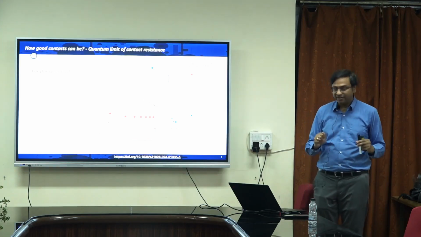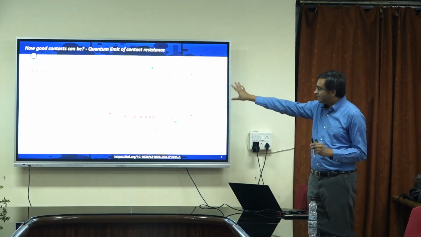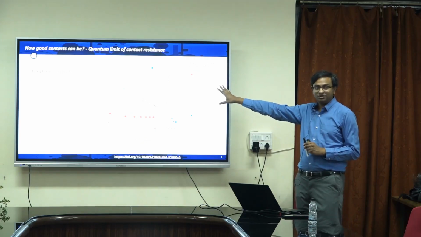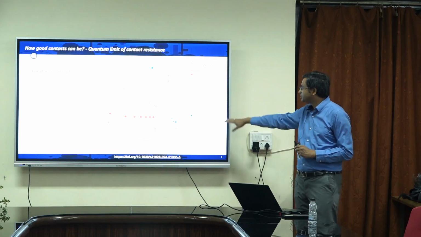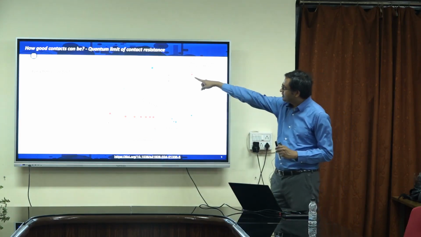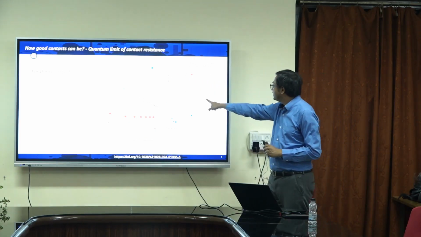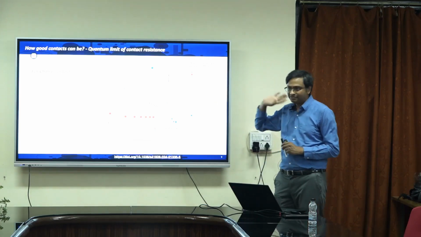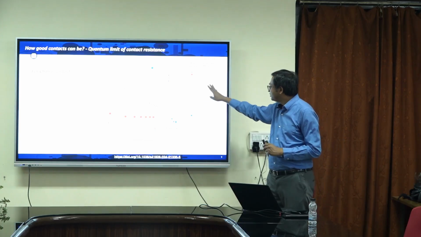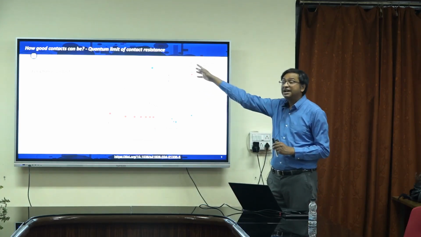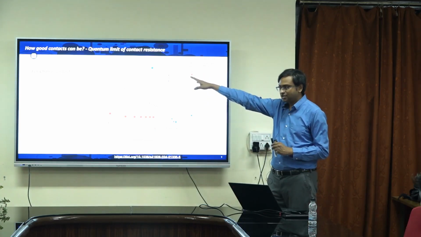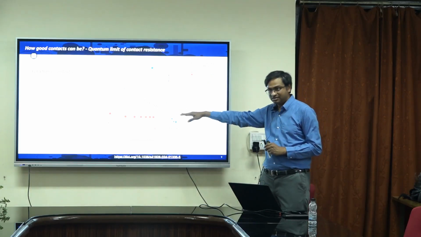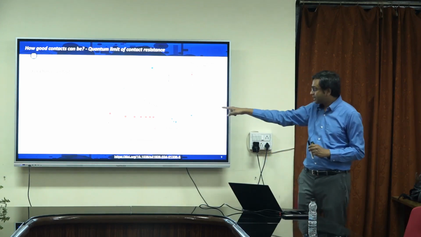So no limitation fundamentally, and then these are all the experimental results so far, including some of our own, okay. And you can see that 10 to the power 5 were very early days, okay. These are nickel MoS2 contacts, reference 5, most likely one of our papers. So in early days contact resistances were very large, and see what the 2D community has done over the years to bring down the contact resistance.